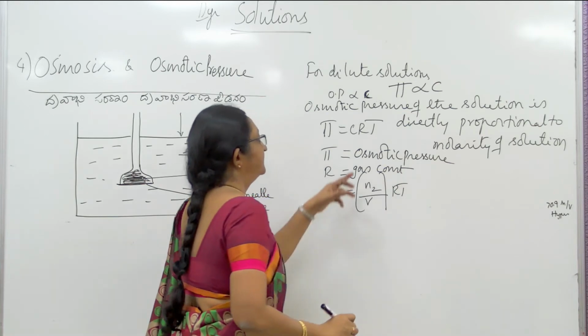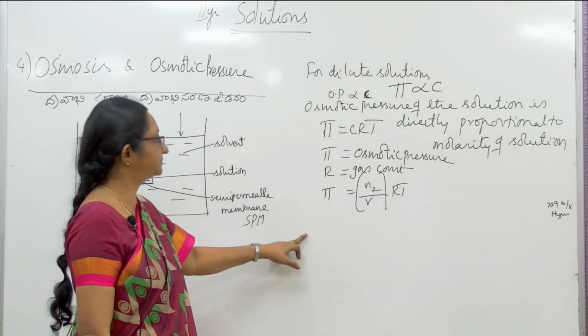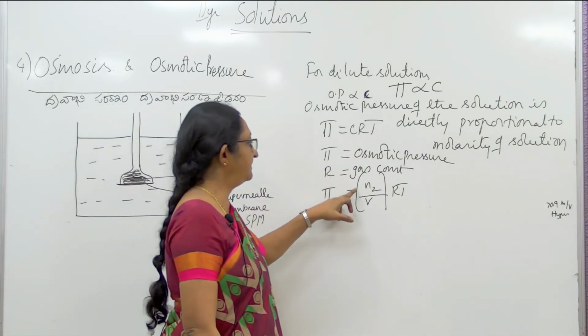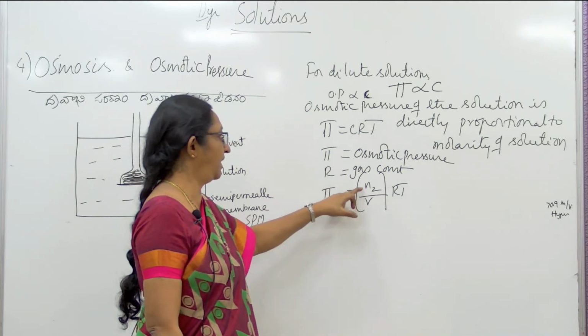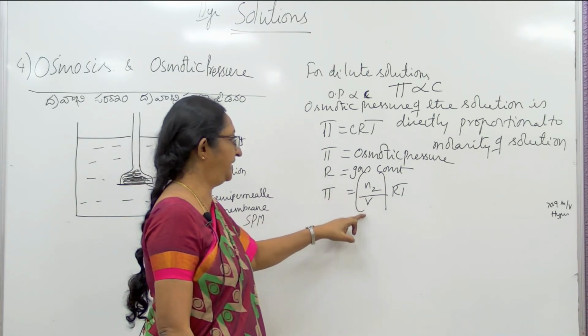Osmotic pressure is represented by the letter pi. Pi is proportional to C, where C is the molarity of the solution. So pi is equal to CRT.